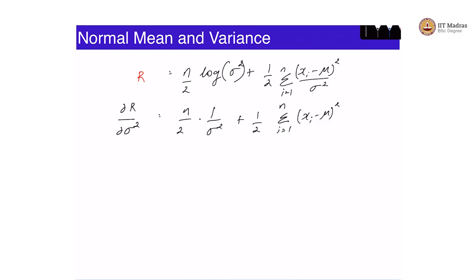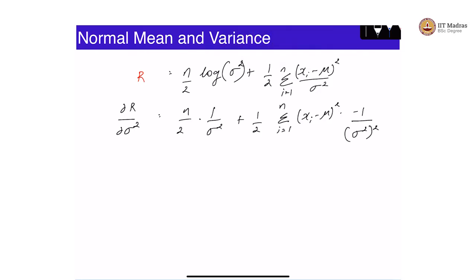Now (xi minus mu) the whole squared is a constant, into 1 by sigma squared. If you take the derivative of 1 by sigma squared with respect to sigma squared, it would be minus 1 by (sigma squared) the whole squared. 1 by x, the derivative of this is minus 1 by x squared.